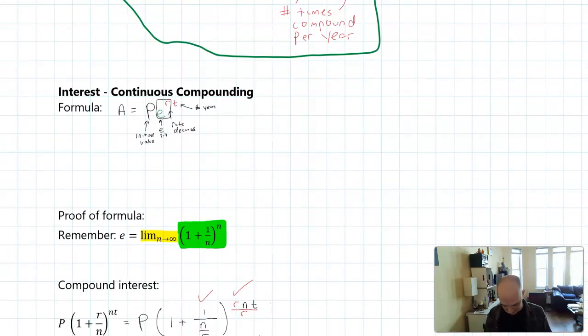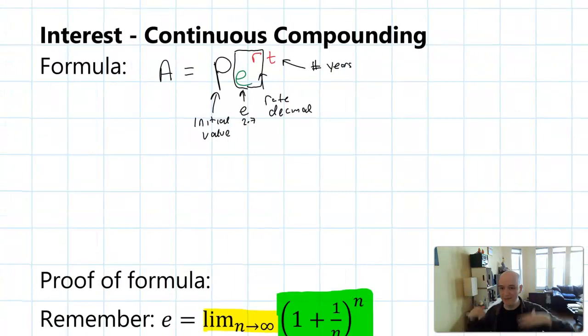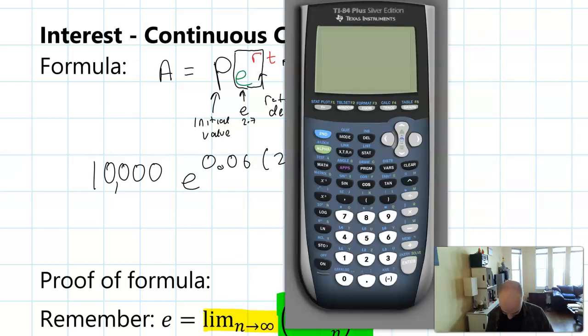So just to go back to where we were, if we were continuously compounding, taking interest every second, every millisecond with our $10,000, now this would not be a very wise loan to take out. You'd be 10,000 times e to the 0.06, because we use the rate as a decimal, times 20.